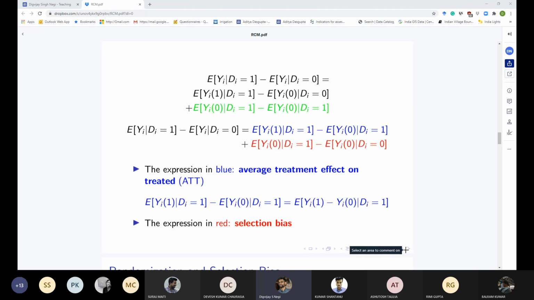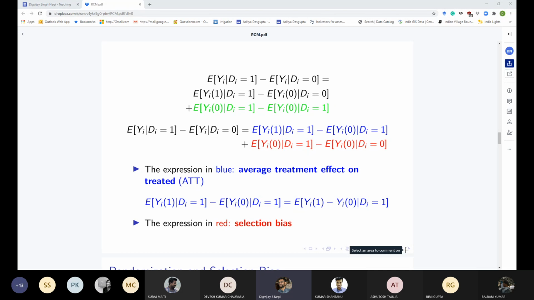In a parallel universe, suppose we had a way of observing the treated group's outcome under control, the treated group's outcome if they were not given the treatment. Then this would be the selection bias. Of course, in the real world you will never observe this object, and that's why it's unobservable.